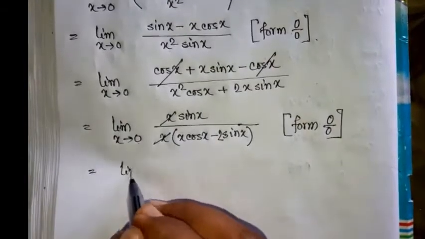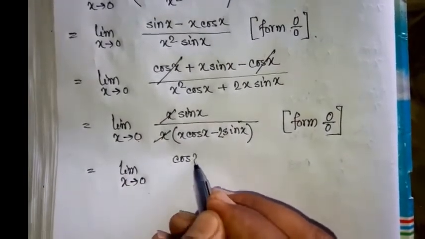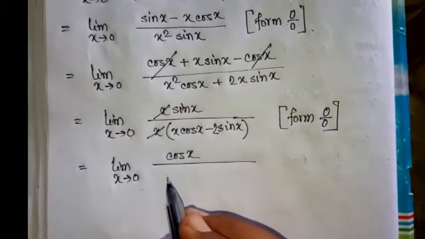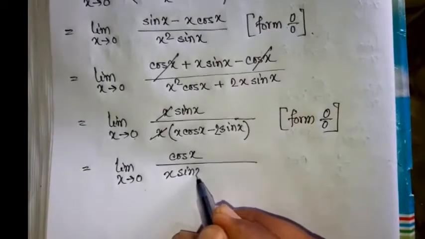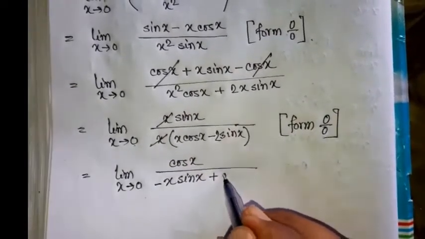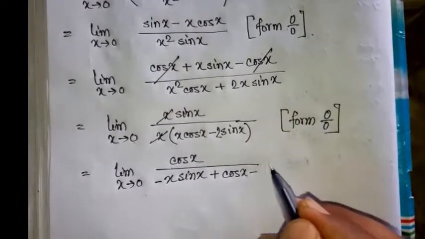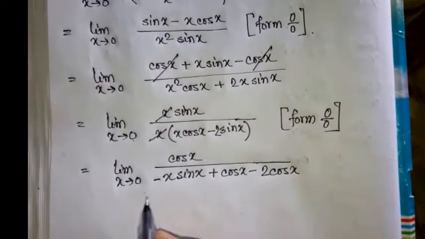So derivative of numerator is cos x, and in denominator it will be x fixed, derivative of cos x is sin x, minus sin x, definitely, plus cos x, minus 2 cos x. Okay, very good.